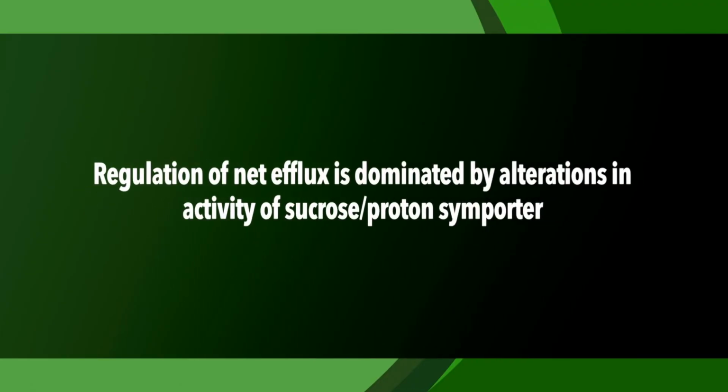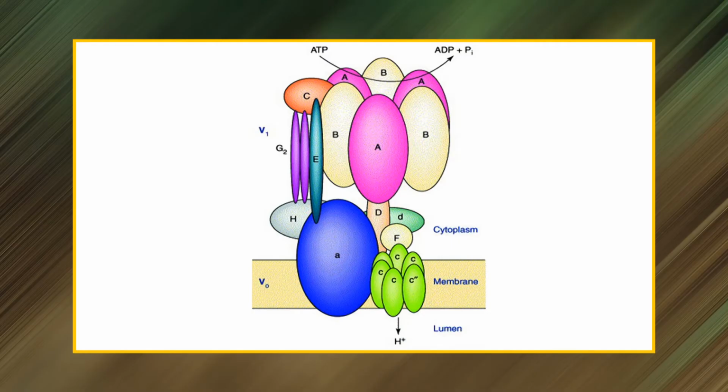Regulation of net efflux is dominated by alterations in the activity of the sucrose proton symporter. In this context, there is a growing body of evidence that the symporter is turgor regulated. The mechanism of turgor regulation is yet to be elucidated, but it may be mediated through modulation of H+ ATPase activity and hence the proton motive force for sucrose uptake.